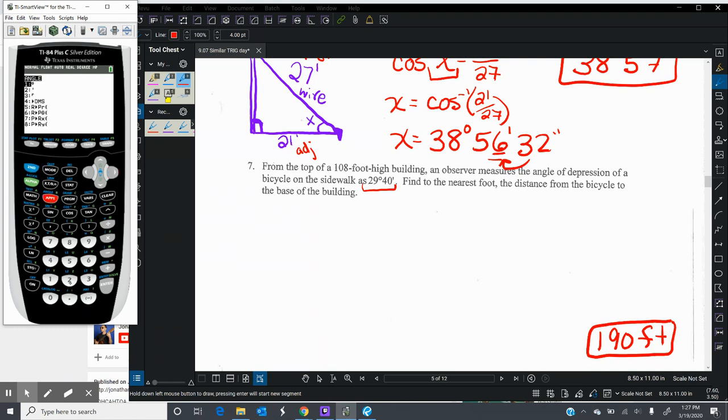There we go. So choice 2 is the minute. So that's how you type in 29 degrees, 40 minutes when you try the question here. Final answer again should be 190 feet.